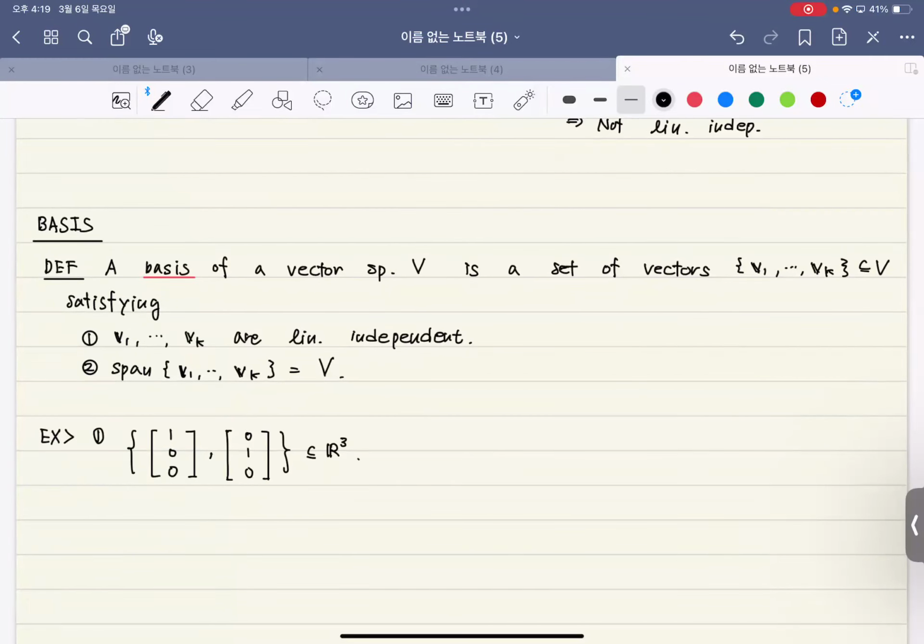Is it a set of basis vectors? No. Obviously they are linearly independent, but they fail to span the entire Euclidean space R3, because there is no Z component here, so they are not basis vectors.